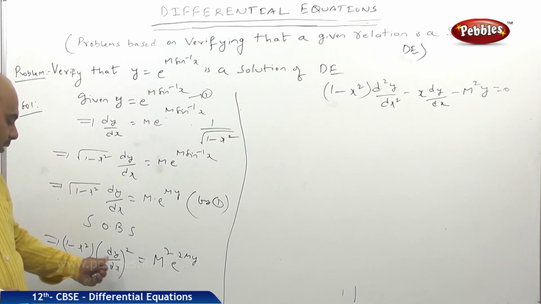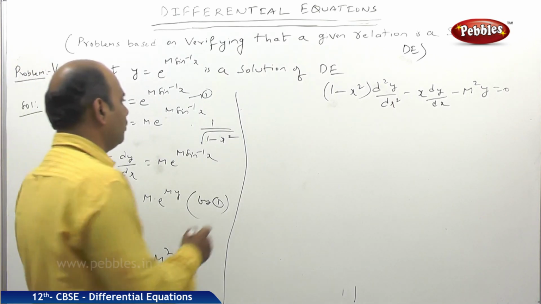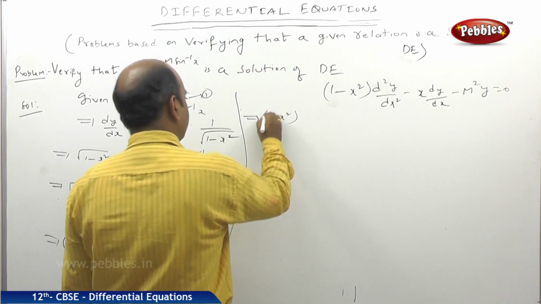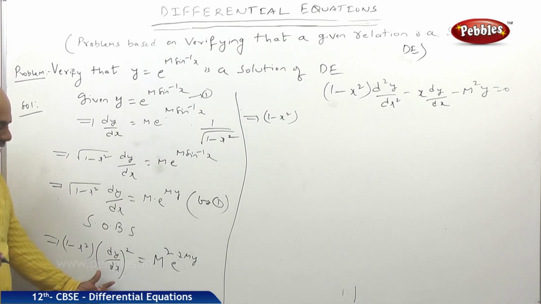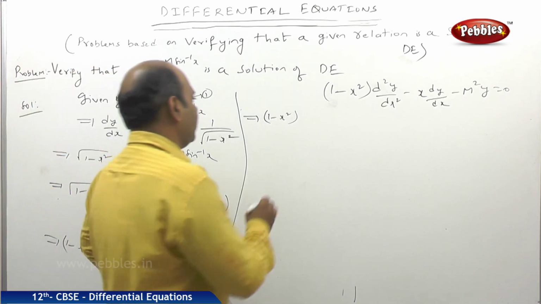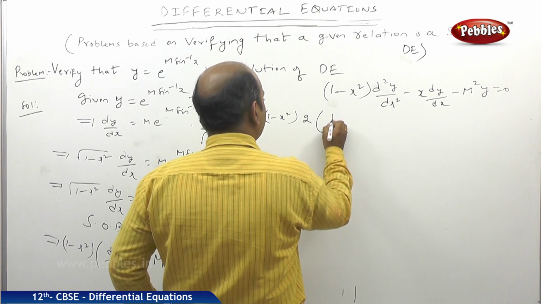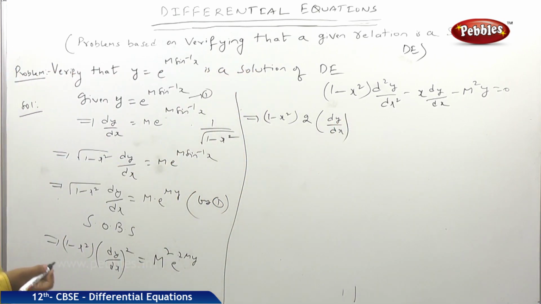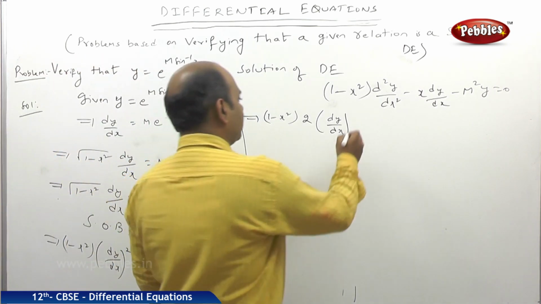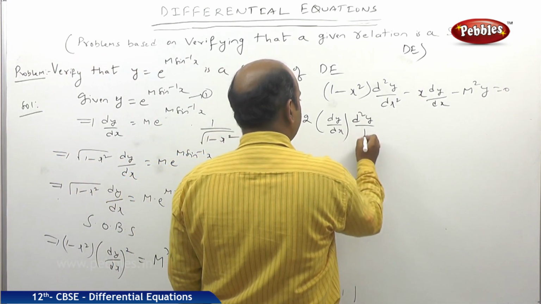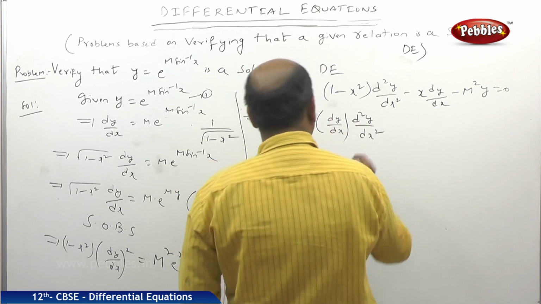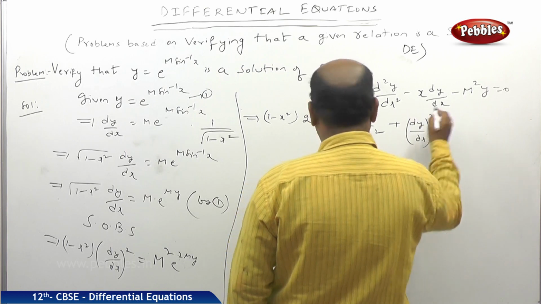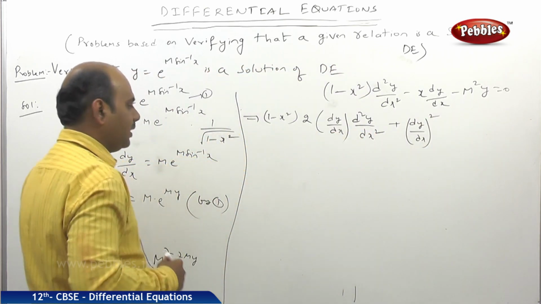Now again I will be differentiating this particular relation. That means I need to apply the UV rule. So 1 minus x square into its derivative, that means the derivative of dy by dx whole square means 2 into dy by dx, but it is looking like a function of a function. So here we will be getting d square y by dx square plus dy by dx whole square into the derivative of 1 minus x square.